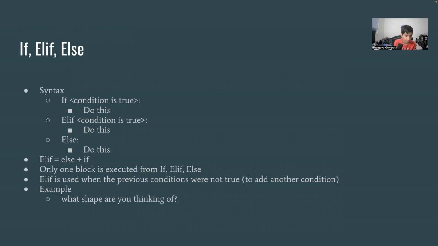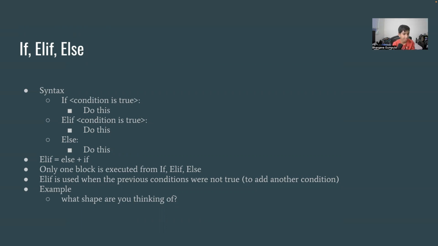So for example, what shape are you thinking of? If a shape has 4 sides, let's say print it's a square or a rectangle. Otherwise, if it has 3 sides, print it's a triangle. And otherwise, if it has greater than 4 sides, then do something else. So that's how it works.